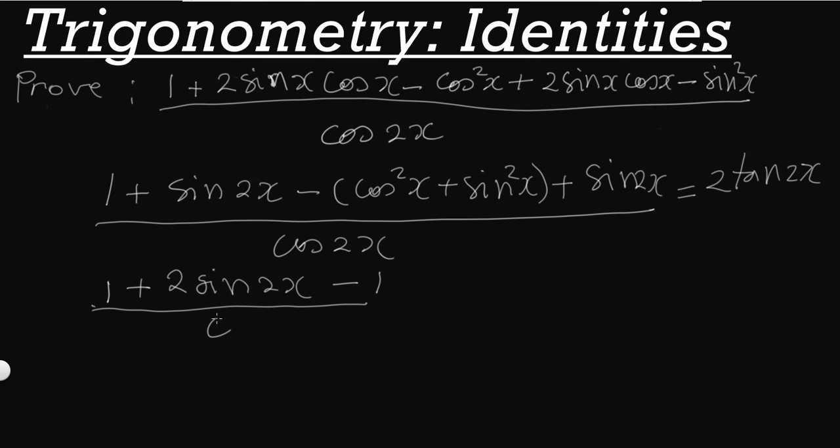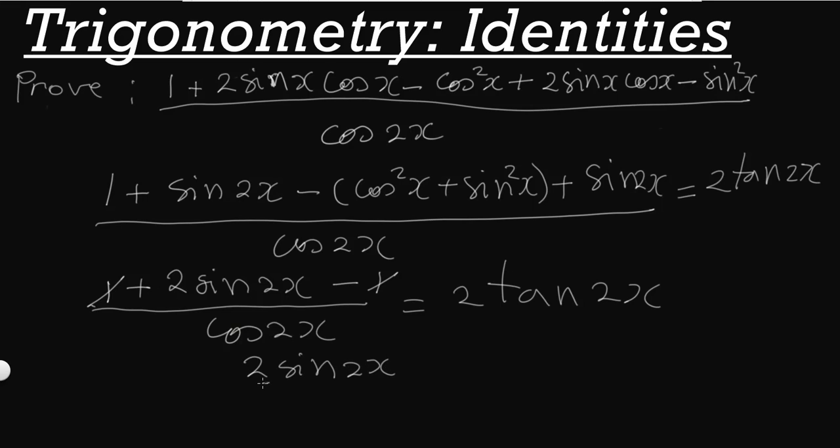All over cos 2x equals 2 tan 2x. Now, the 1 minus 1 cancels, so we have a 2 sin 2x all over cos 2x. So you can see that we'll have a conclusion here.